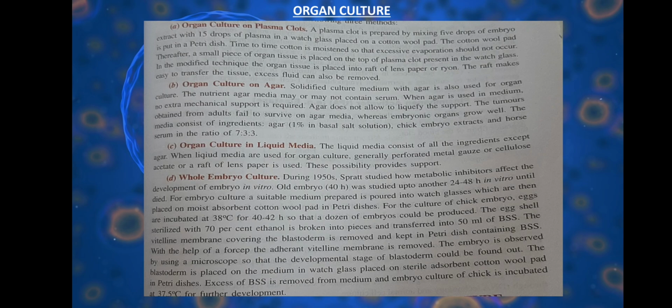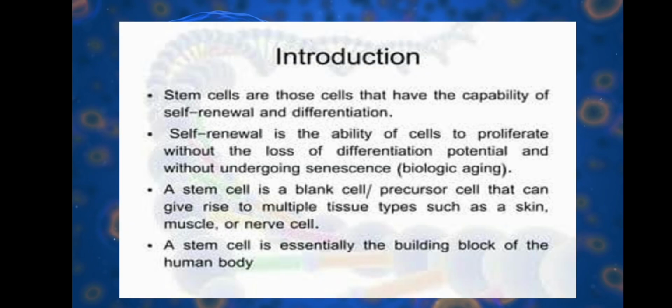The culturing of an embryo in a suitable prepared medium is poured into watch glasses, which are then placed on a moist cotton wool pad in petri dishes. In the same way that tissue or cells were cultured using basal salt solution, the whole embryo is also cultured. So that's all about organ culture.